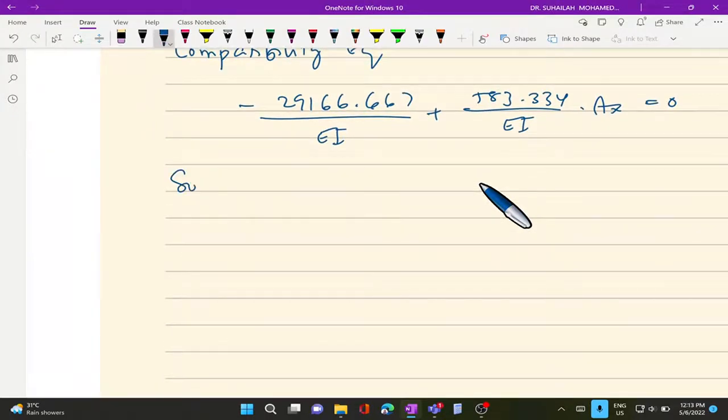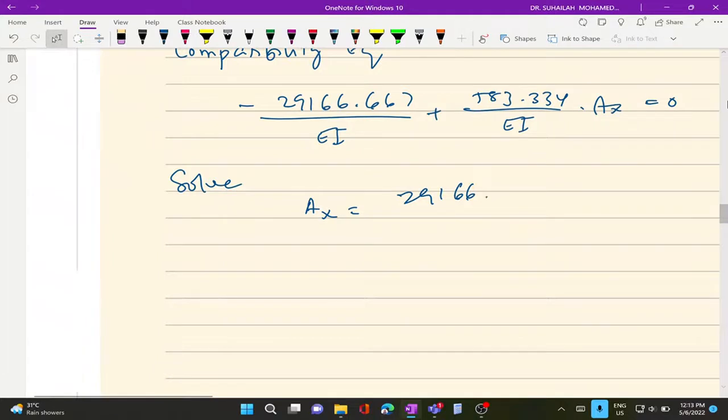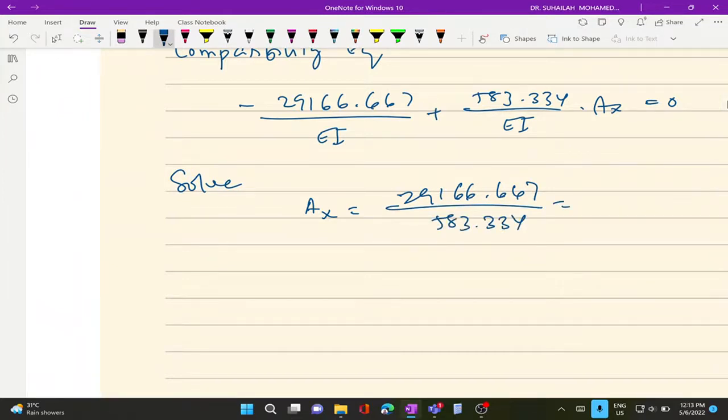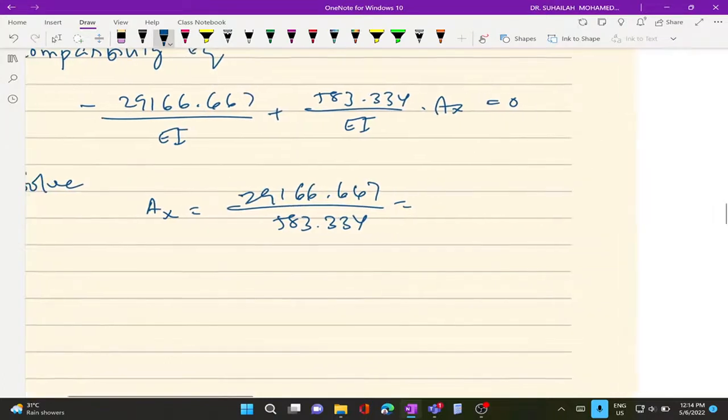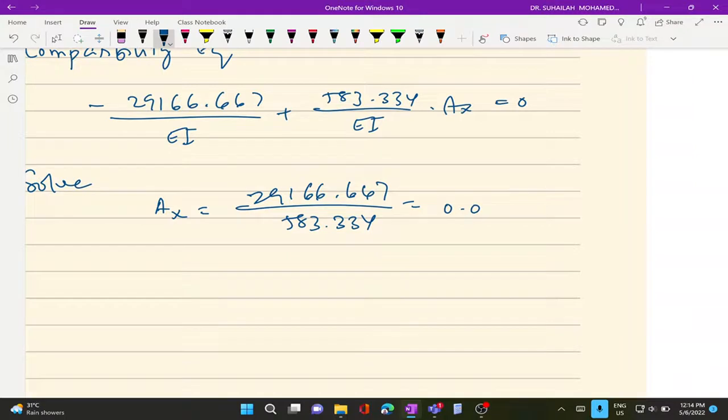Solve this to get AX, which is 29166.667 divided by 583.334. Then we get the AX value, equal to 0.05. Okay, can check back the answer.